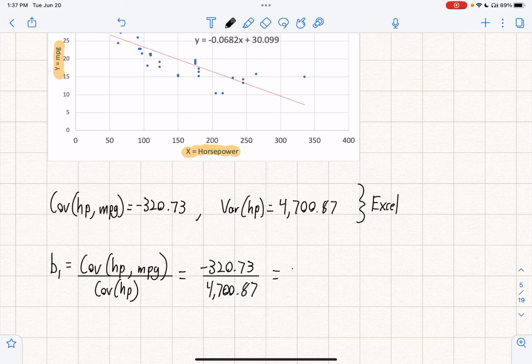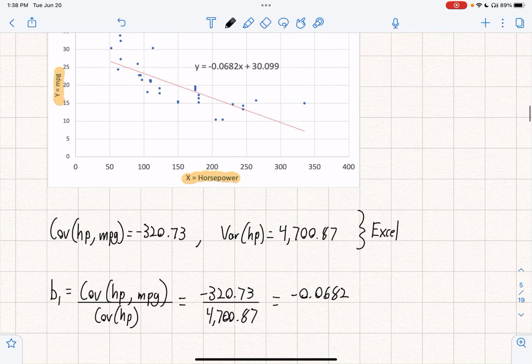We get a value of negative 0.0682, which is what the computer gave us. If we look, our slope coefficient is right here. So does it make sense? Yeah, I think so. It's negative, and we obviously have this negative relationship. Recall our correlation was negative. And the magnitude is a little harder to tell, but the actual value is pretty small.